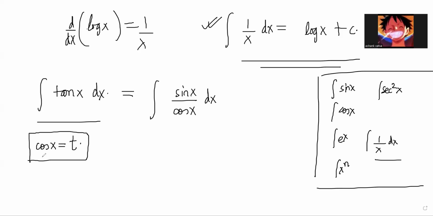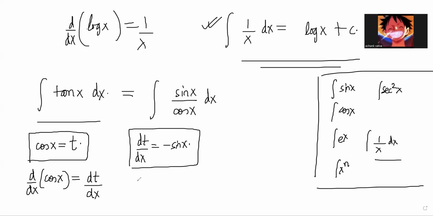So if I differentiate this, you will get dt by dx, doing the derivative with respect to x. So dt by dx should be equal to minus sin x, right? So what we get is dt is equal to minus sin x dx, right?